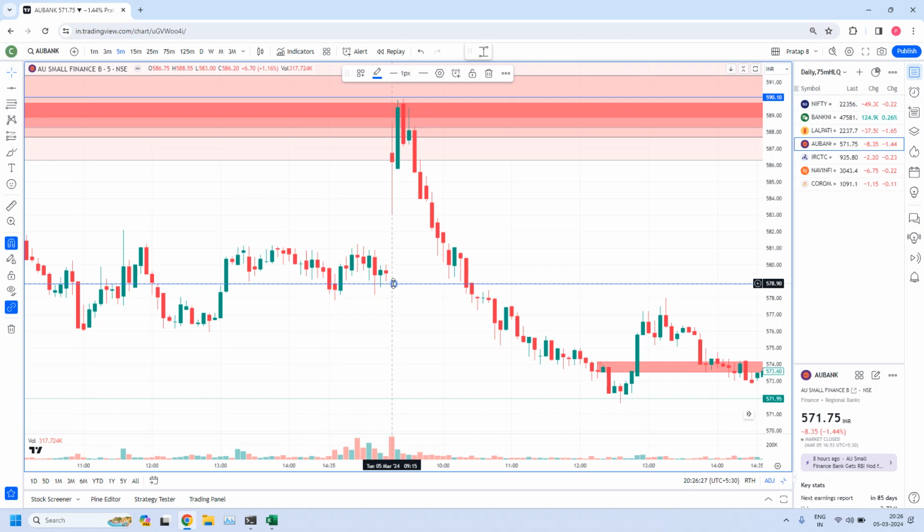What is that? Near to your zone, there should be a 5-minute supply zone. Near to your 15 minutes demand zone, just above, if a 5-minute supply zone is there, then you can take the risk and go for trailing stop loss. Even if something wrong happens near this zone, you will exit. That way you will not lose profit.